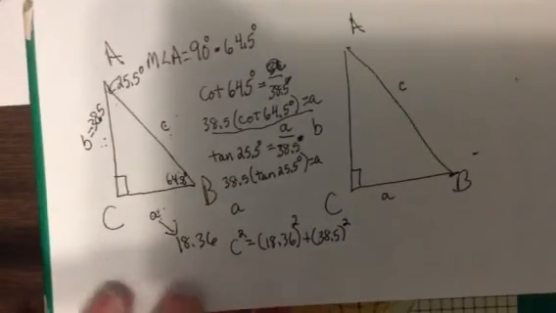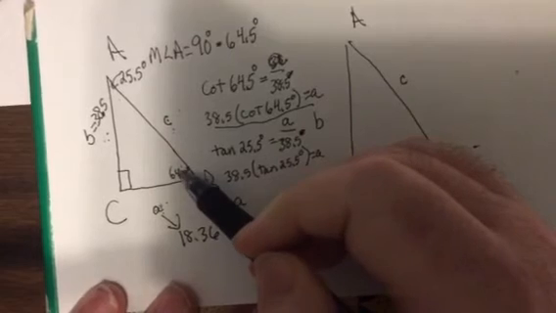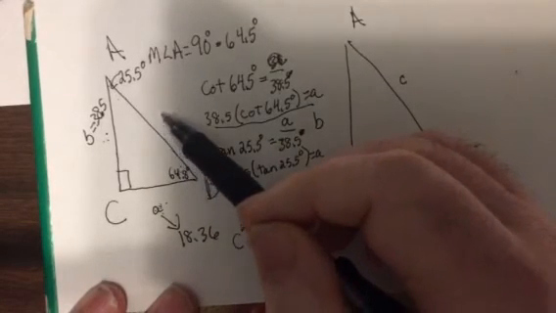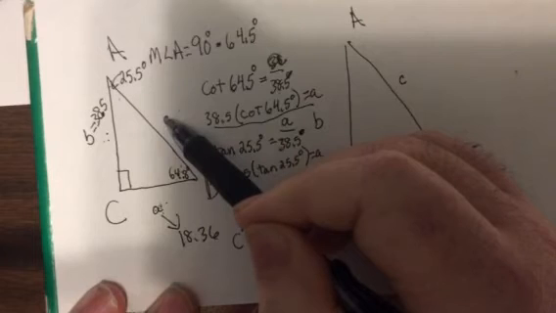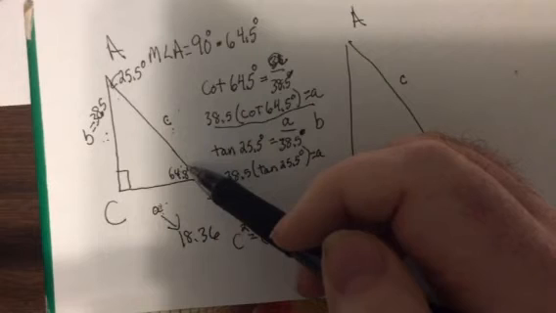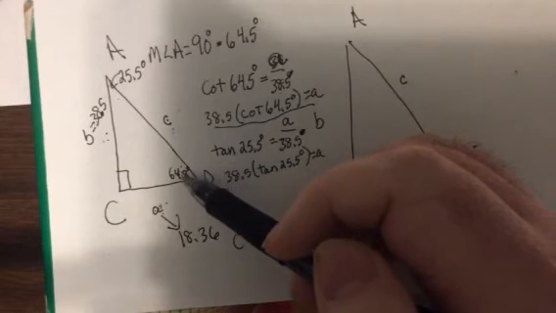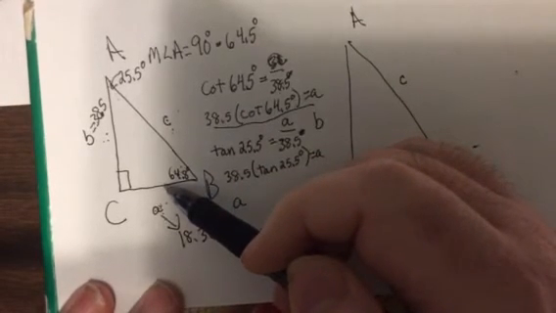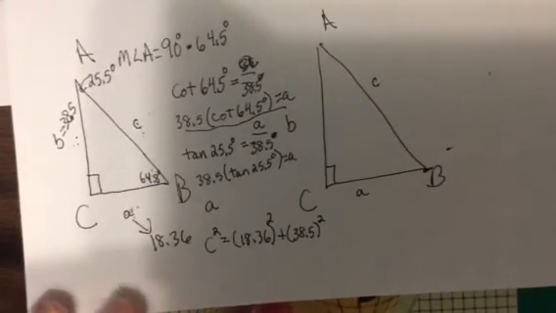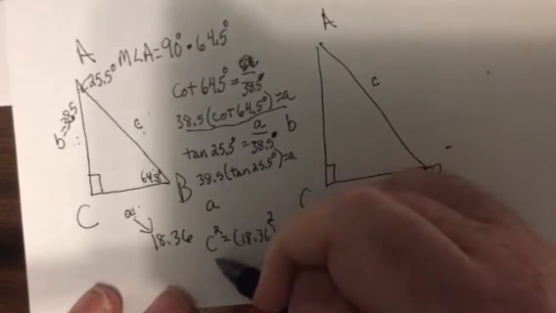Or I could do a trig function. Let's see. What is hypotenuse over adjacent? Well, that would be secant. See, do you have them memorized? I don't think you do. I think I'll just do Pythagoras to get used to that.